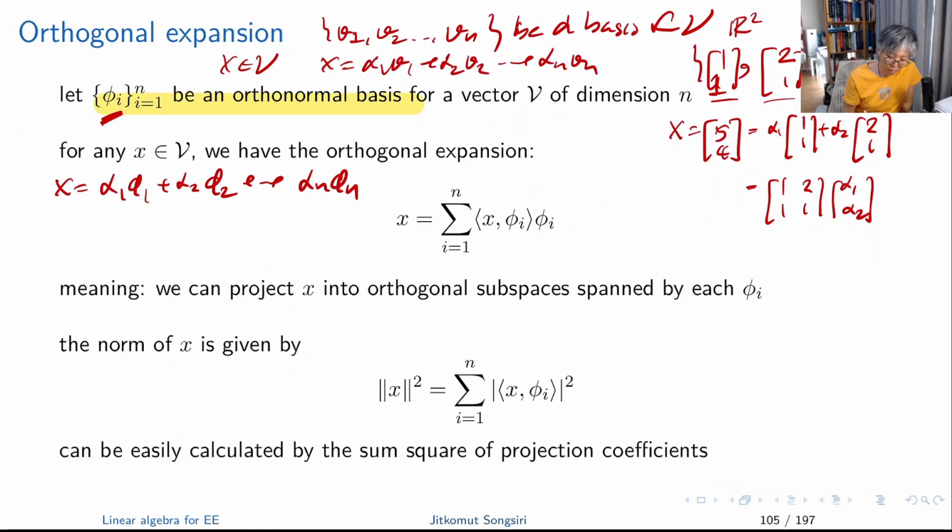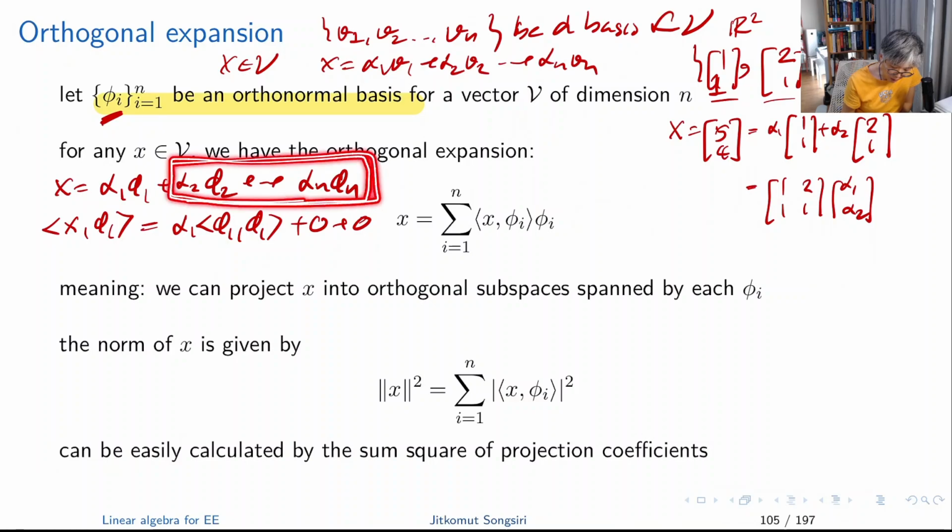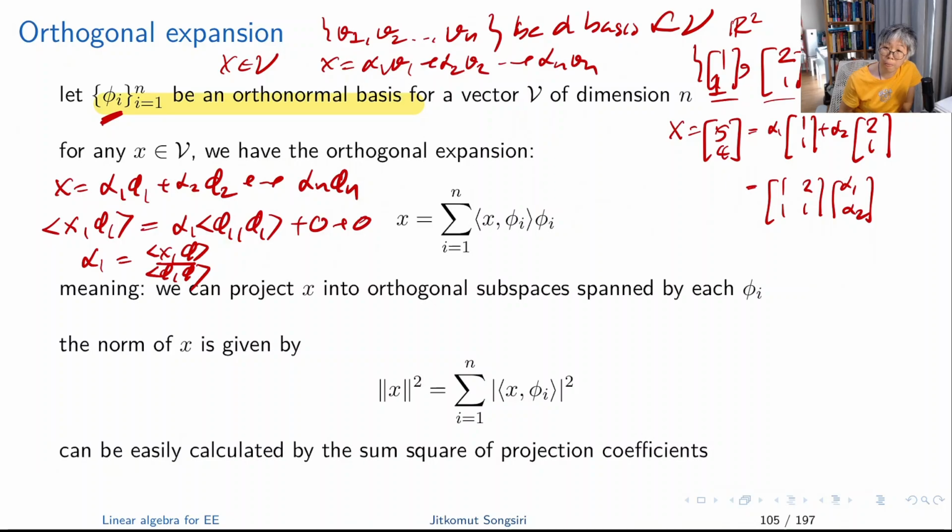But now, when I want to find the coordinates, or the representation of x with respect to this basis, notice that if I want to find alpha 1, I can take the inner product of x with phi 1 on the left-hand side, and the right-hand side will be very simple because the inner product of phi 1 with all of the other vectors will be 0. So my alpha 1 is the inner product of x with phi 1 divided by the inner product of phi 1 with phi 1.